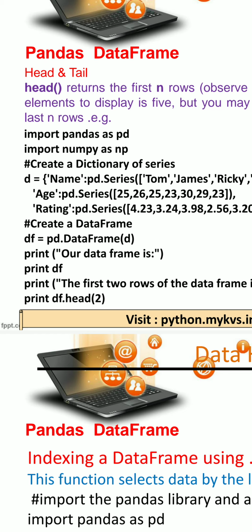Here we can directly use lists also to put some values under name, age and rating. Then we create the data frame with the help of this dictionary object D, and if we display this df, it will display all the rows, all the values of the data frame. Now we want to access only the first two rows, the topmost rows. That can be done with the help of df.head(2).